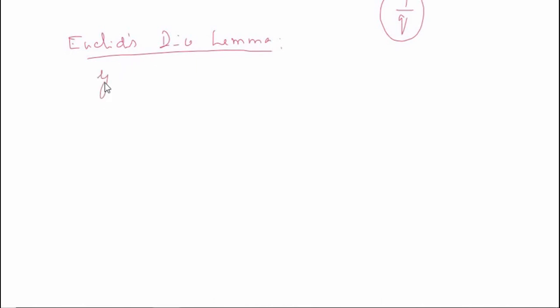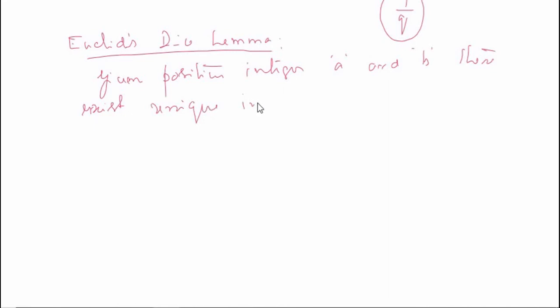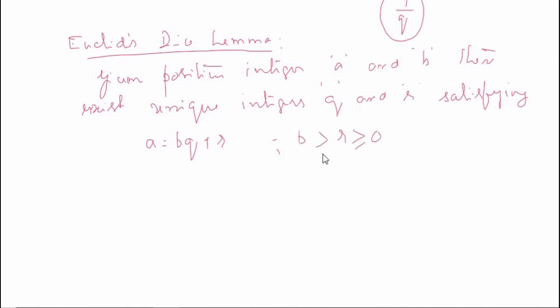It says given positive integers, let us take a and b, then there exist unique integers q and r satisfying the lemma, that is a equal to bq plus r, where r is greater than or equal to 0 and r is less than b.